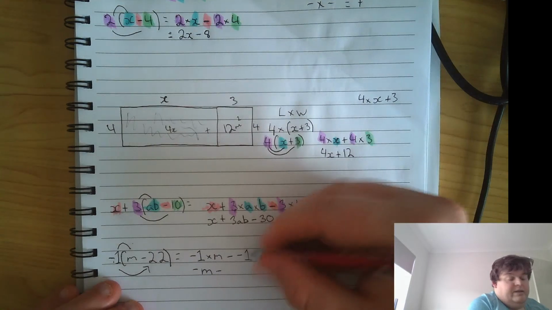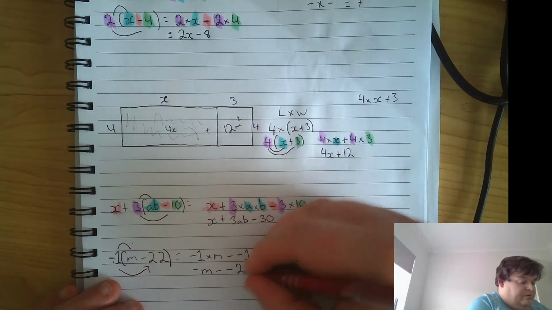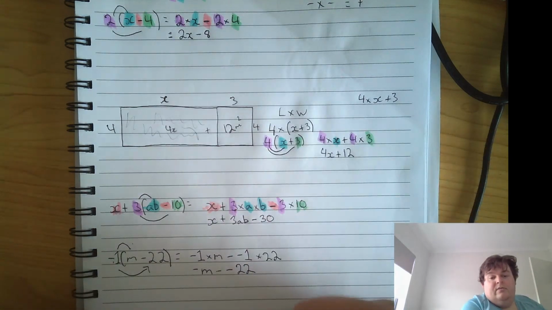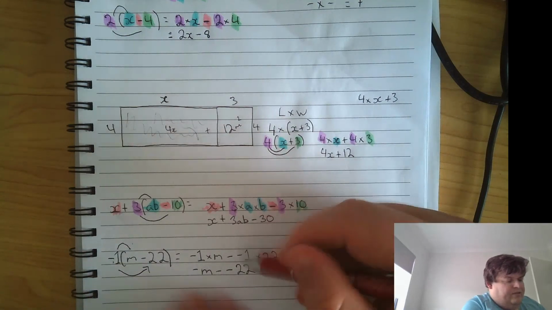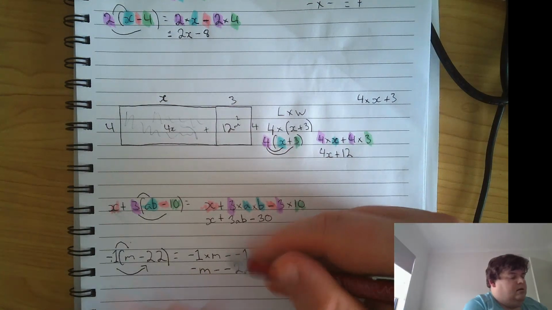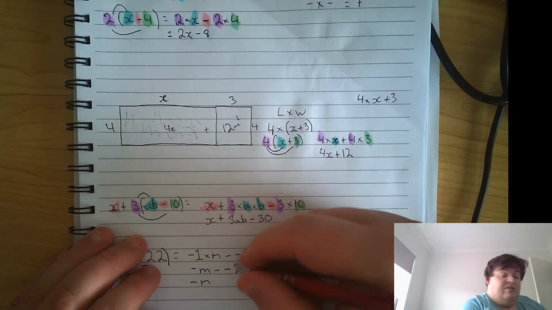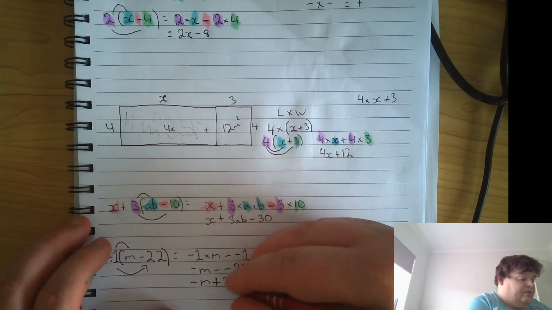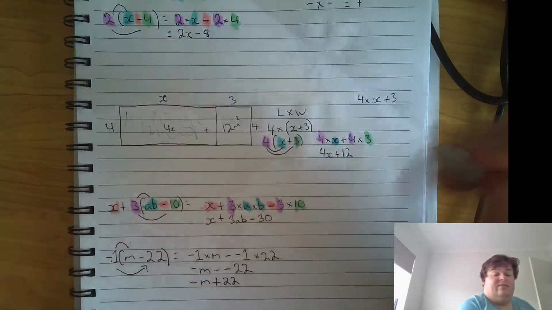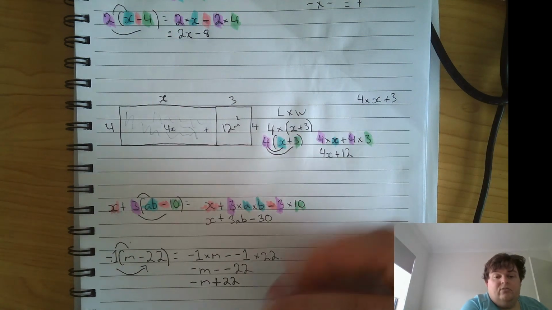Minus negative 1 times 22 is minus 22. Alright, so I've got negative m minus 22. And remember what happens if there's a minus and a minus together? Thinking back to directed numbers, if there's a minus and a minus next to each other, we can replace it with a plus and it will function in the exact same way. Yeah, so that's our solution there.